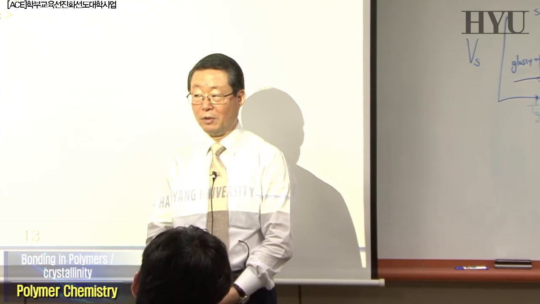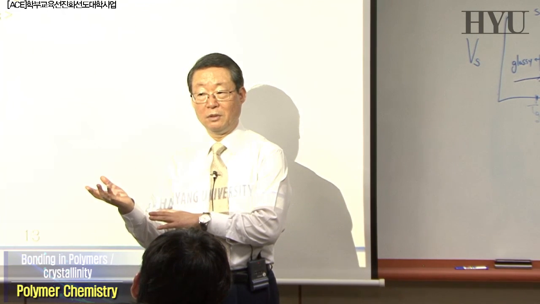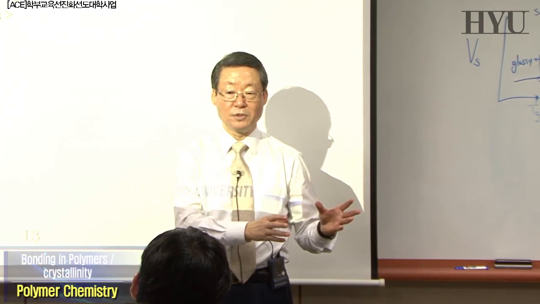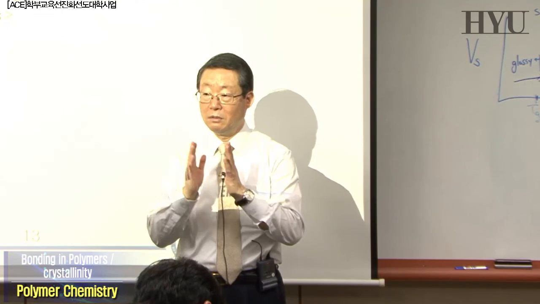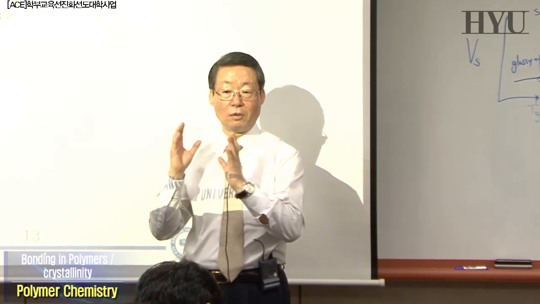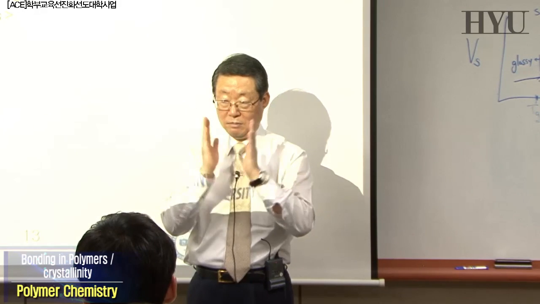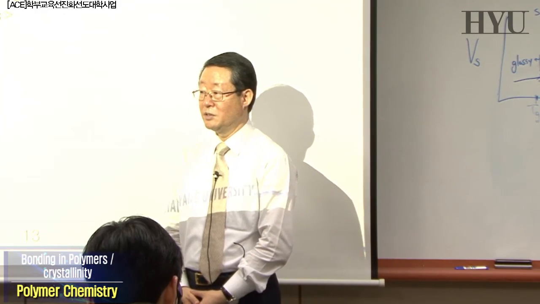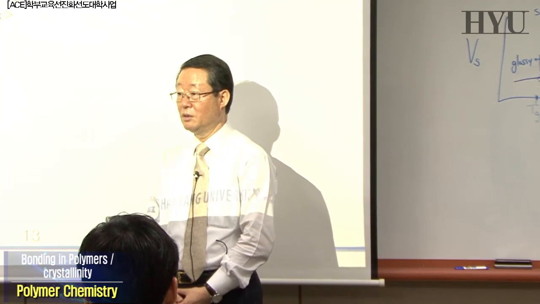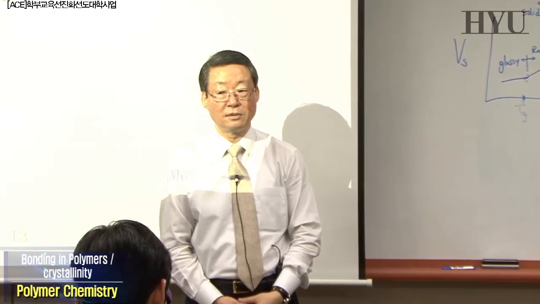The polymer can become a crystalline polymer, or a 100% amorphous polymer. But both amorphous and crystalline polymers should have TG. So TG is a different property compared with metals and ceramics.